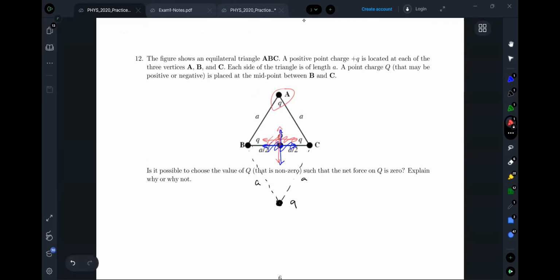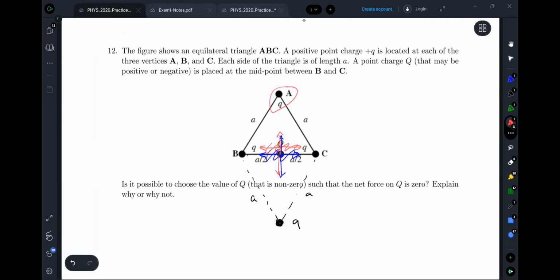But typically for things like this, unless you change the values of these charges so that they can balance, you are not going to have cancellation. It is potentially possible if the magnitudes of the charges for B and C are different, because then we feel a net force one way or the other. Well, actually we still couldn't in that case, because we'd have a net force pointing in one horizontal direction.